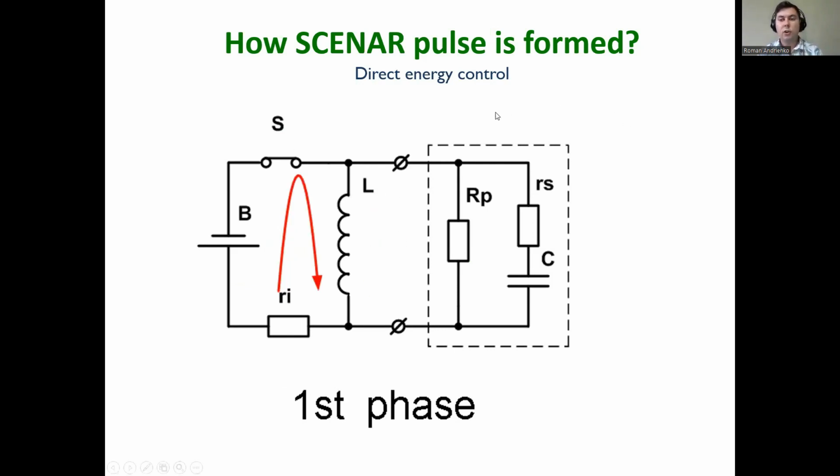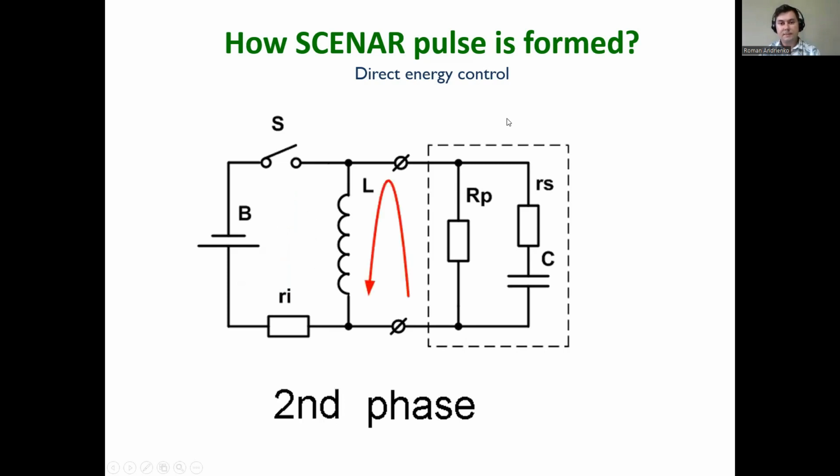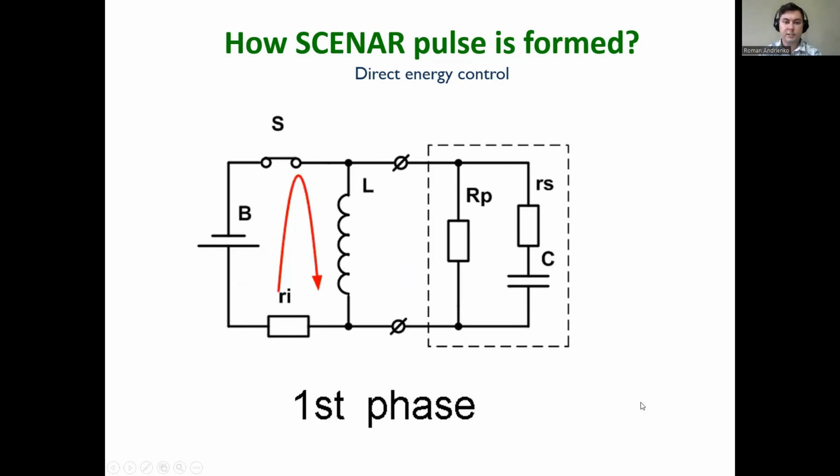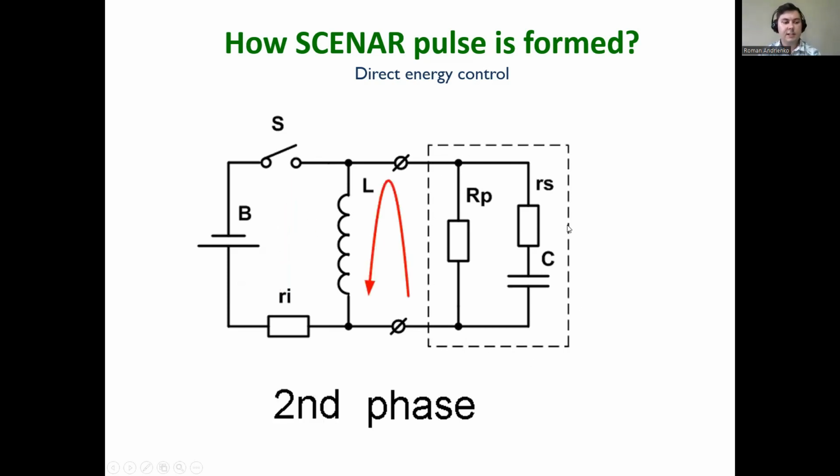Because unlike in all other electric therapy devices, Scenar is an integral part of this resonance circuit shown here. And we see that in the right part of the screen, this dotted rectangle is actually the human body. And Scenar sees it as a resonant capacity load.